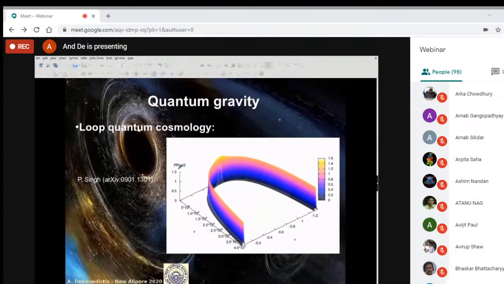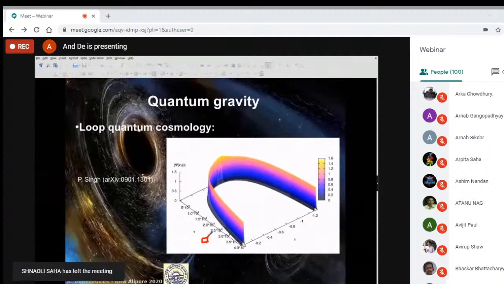What happens in loop quantum cosmology? Let's ask the same question. Is the Big Bang removed? This is one article of many that plots essentially, again in a highly simplified model, the wave function. And this axis here, the v-axis, these are cells of a certain size in the space-time, in the universe.